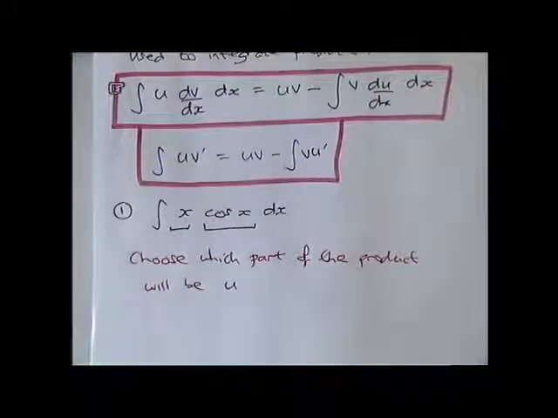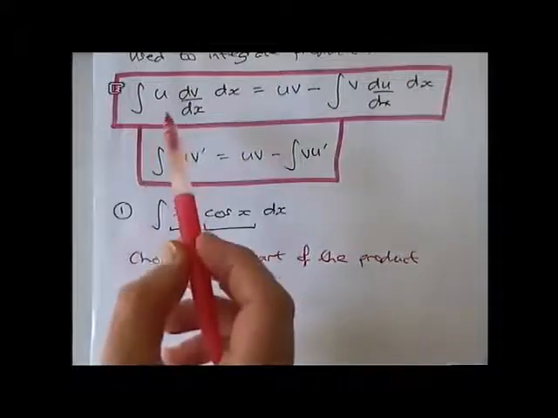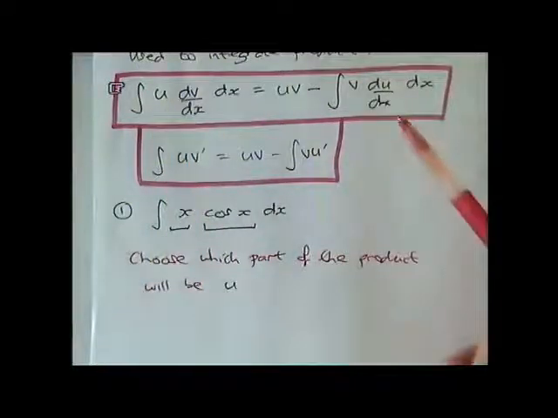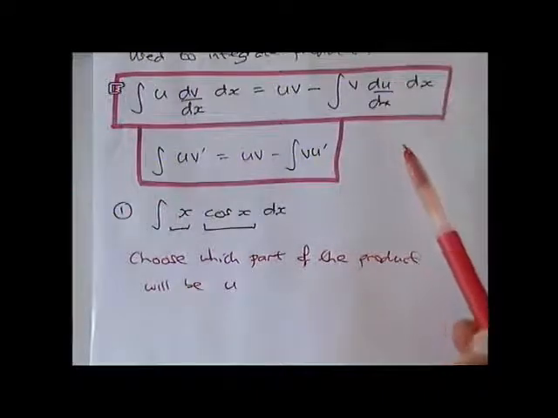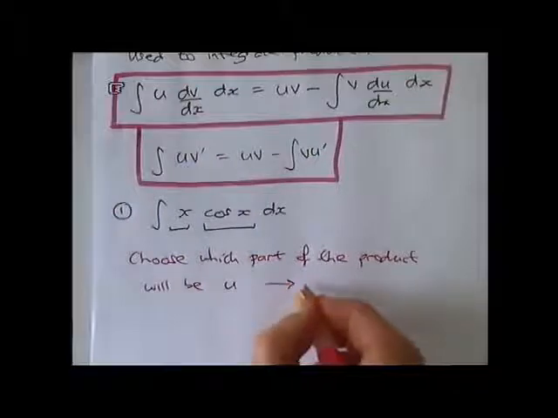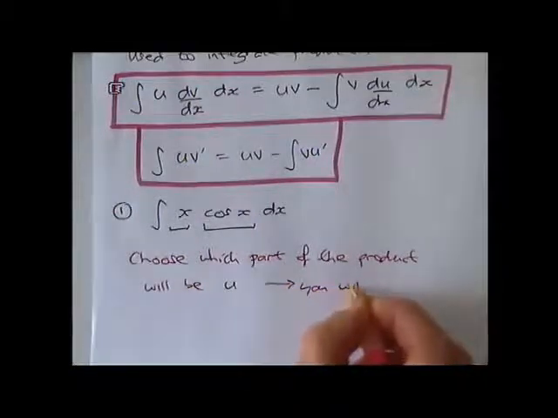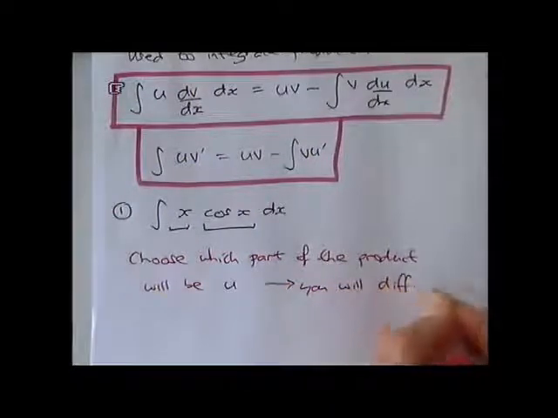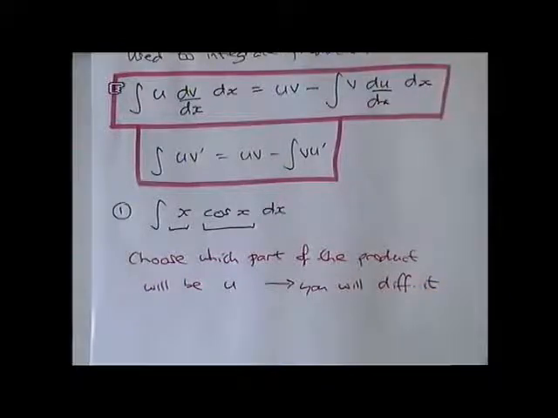What will you do to u? Over here you've got u written down. What happens to u over here on the right hand side? Yeah, you differentiate it. So you choose it, and you will differentiate it. You're trying to choose it so that once you've differentiated it, it makes things easier.